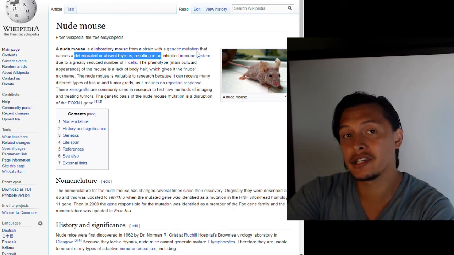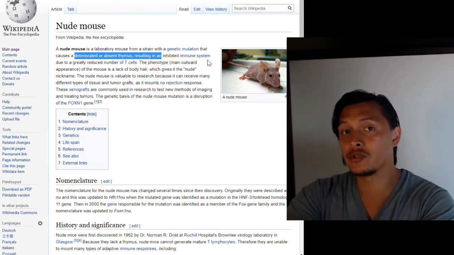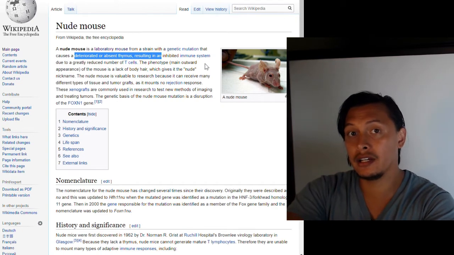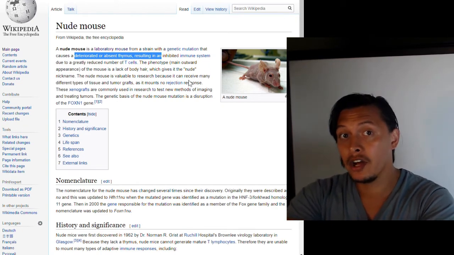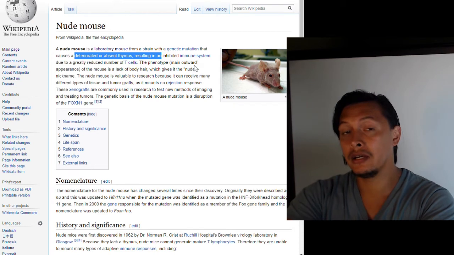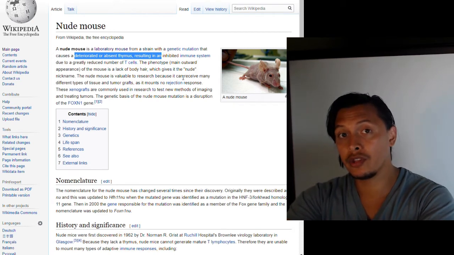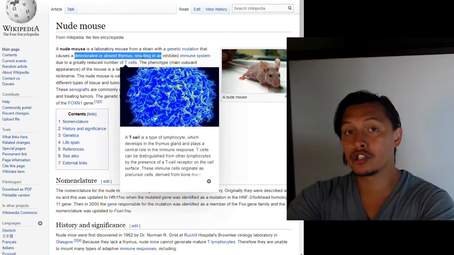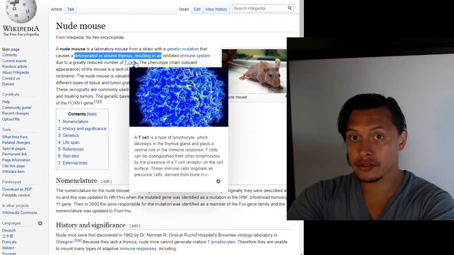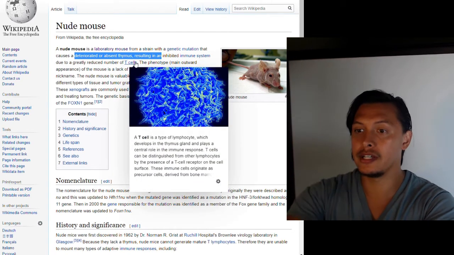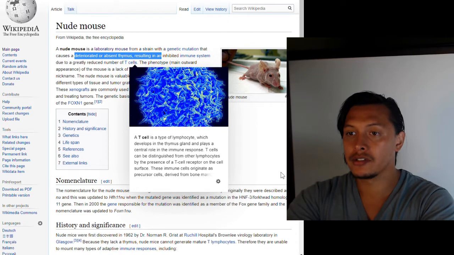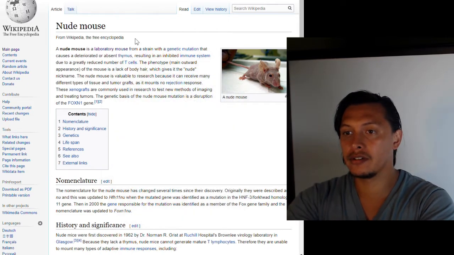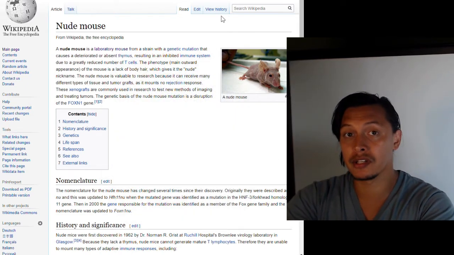And that inhibits the immune system, because the thymus is where thymocytes migrate from the bone marrow so that they can mature into T cells, right? The T cell is a type of lymphocyte, so the thymus is basically where the T cells are produced.